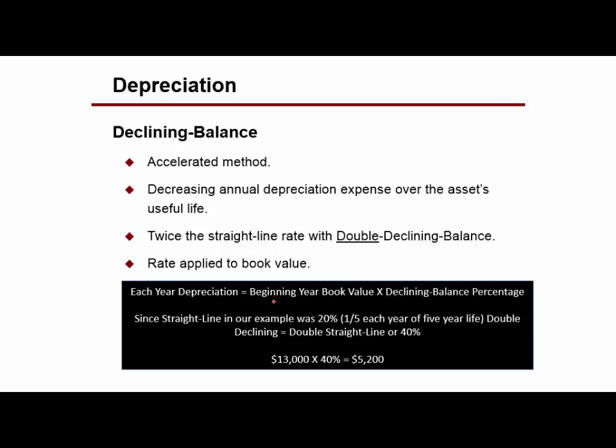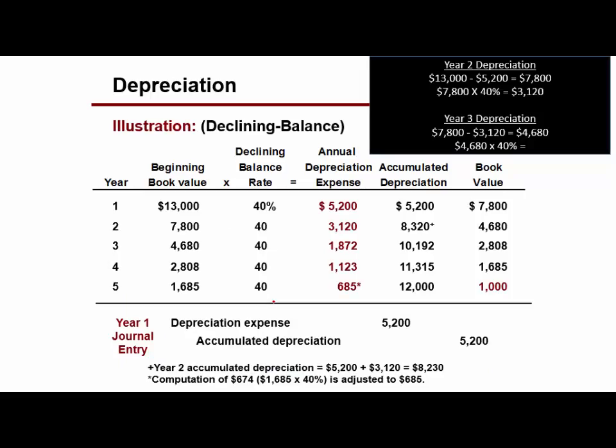Okay? So let's just go ahead and take a look at our double declining balance. And so we have this 13,000, which was what we paid for it, times 40%. That gives me 5,200 of depreciation. I have my accumulated depreciation then is 5,200.